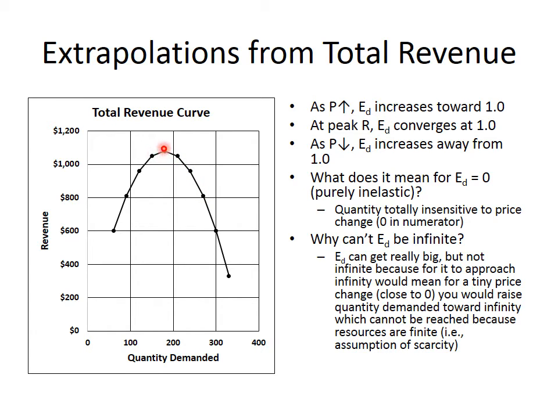Somewhere here we hit the number 1, right around where we hit our maximum revenue. It's always going to be one of these parabolic curves, and right around our revenue maximum, that's where we're going to hit 1. Then at peak revenue, we converge at 1, and as price continues to rise, it's going to move away from 1. It's going to get larger and larger.